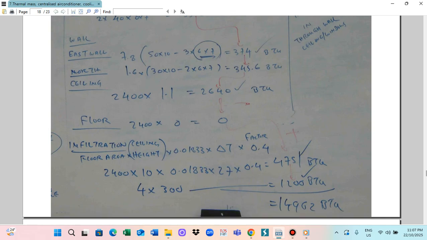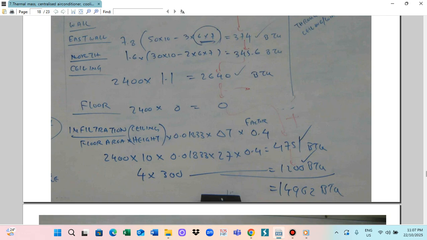And then we also have to calculate the infiltration.